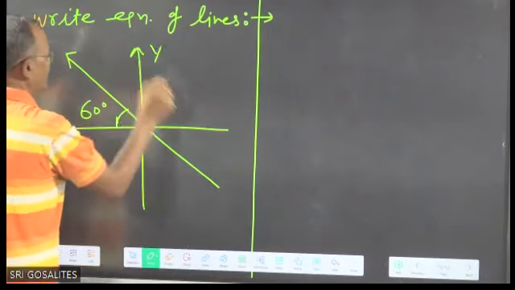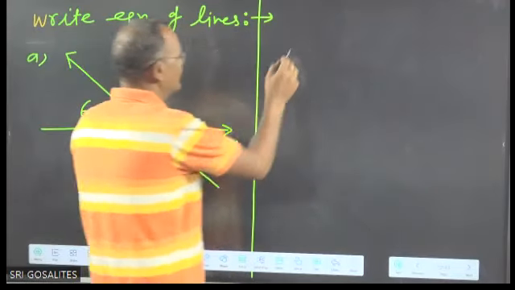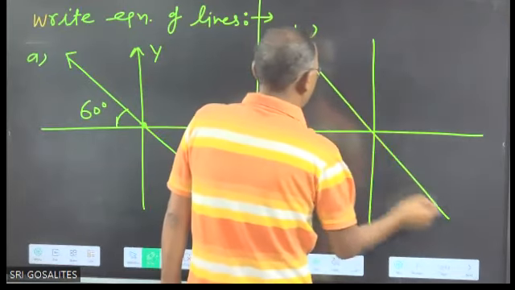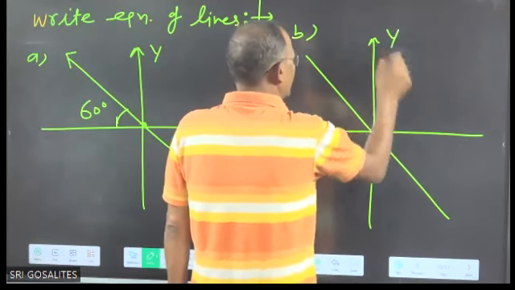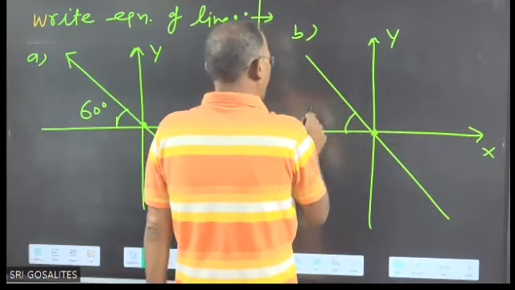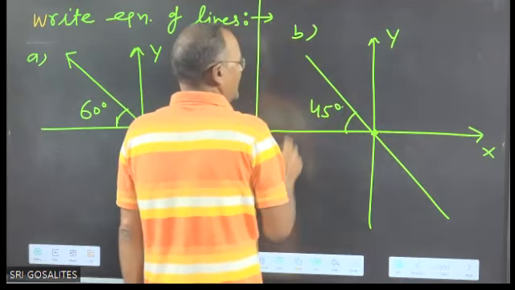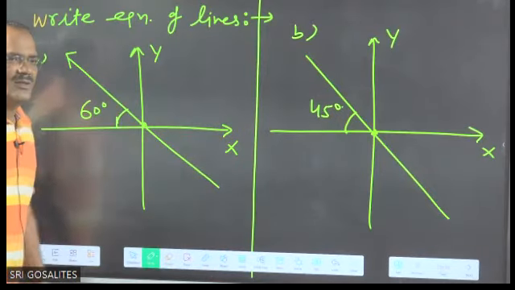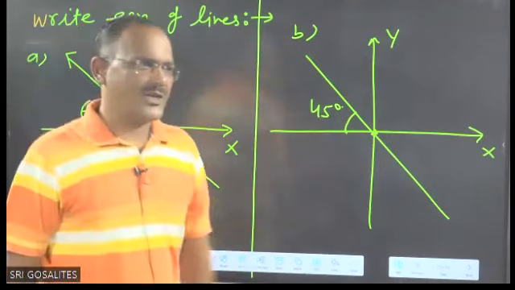It's the y-axis, it's the x-axis. Second: one line passing through the origin, and the angle is 45 degrees. What is the equation of this line? Come on. Question A, question B. 5 minutes for you. Take your time and work it out.